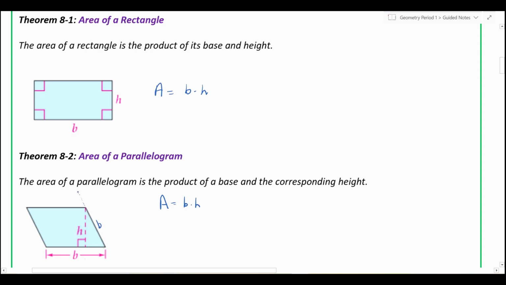And then from this vertex right here, I would actually have to draw a line which becomes my altitude. So this intersection here is a 90-degree angle, and this will be my height, and then I can use the equation with this number here as my base and this number here as my height, and I would actually get the area of my parallelogram.